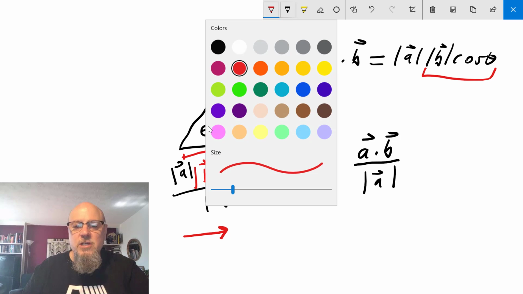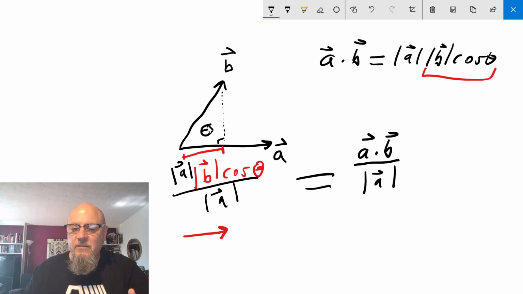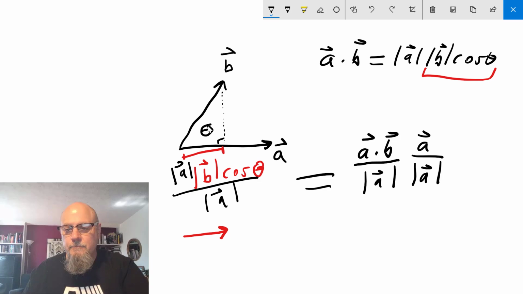I want it in the direction of A, so I need to multiply by a unit vector in the direction of A. I'll take A and divide it by its magnitude. This piece, which I'll circle, is a unit vector in the direction of A. So now what I've written here is the vector projection.